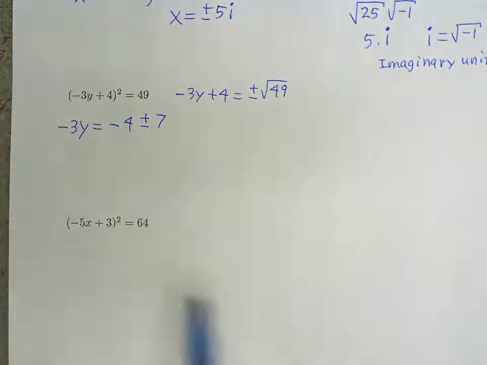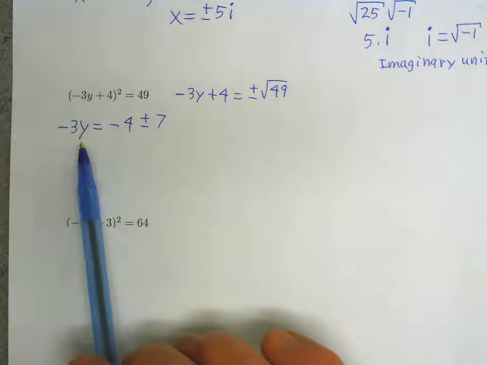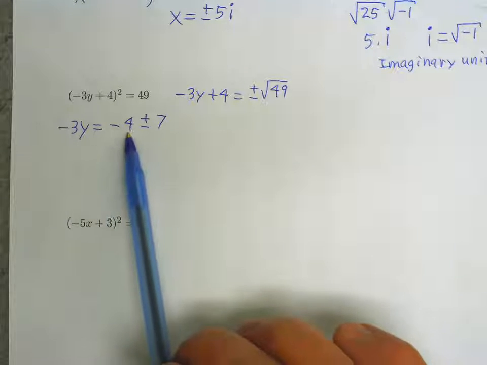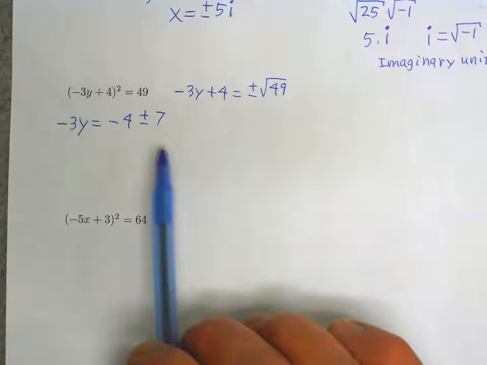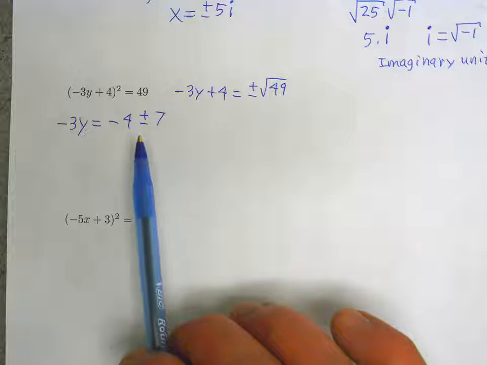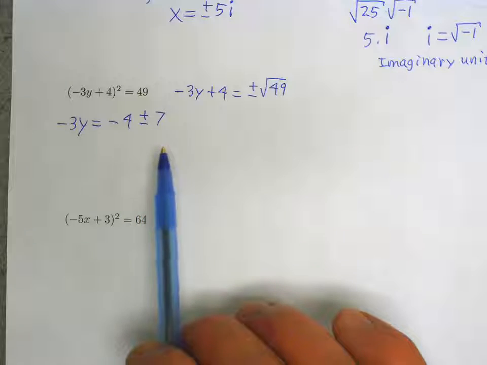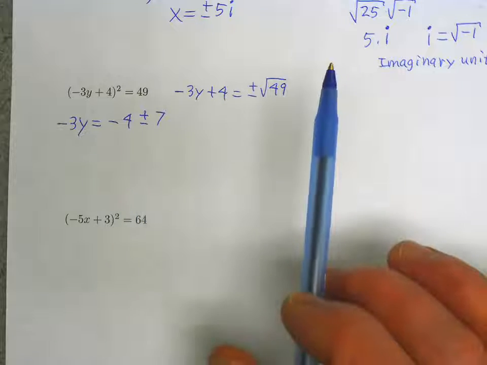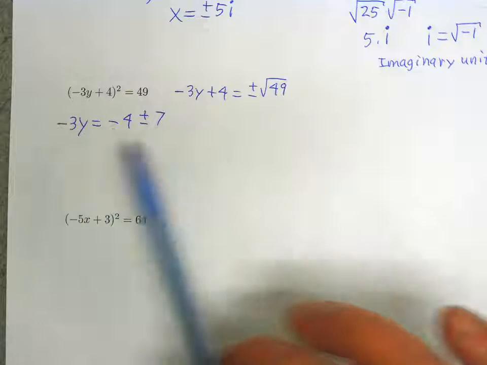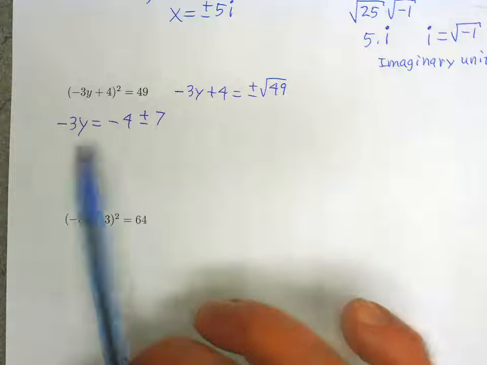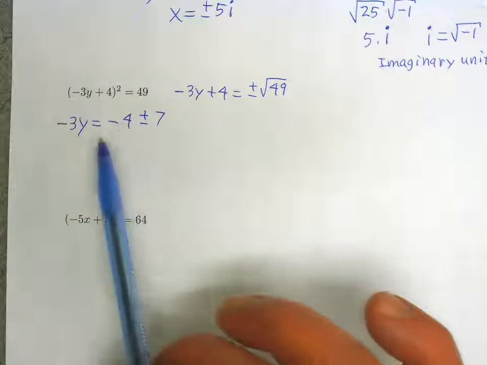Okay, from here we have a couple of options. Since negative 4 and 7 are both integers, we're going to have to write the solutions separately when we're all finished. So one option is to first find the two quantities that are equal to negative 3y.